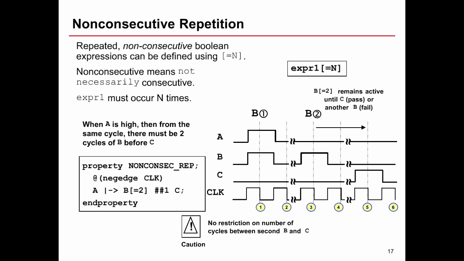And what is not intuitive is that it's satisfied until the third occurrence of B. The term B equals 2 is true from the second occurrence of B all the way up until the third occurrence, which is why there is no limit on the number of cycles between the second B and C occurring. In our case we have C occurring at cycle 5 on this diagram. This could have been cycle 20 billion for all we care. That still follows the behaviour defined in the property.